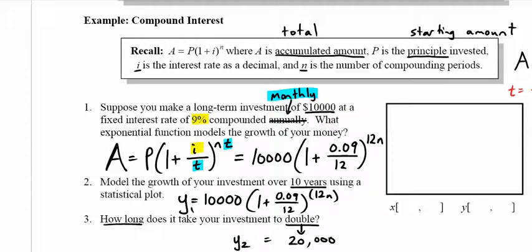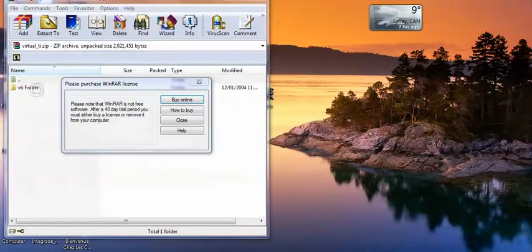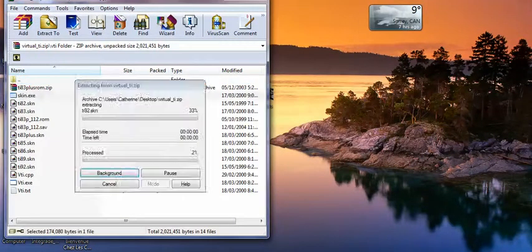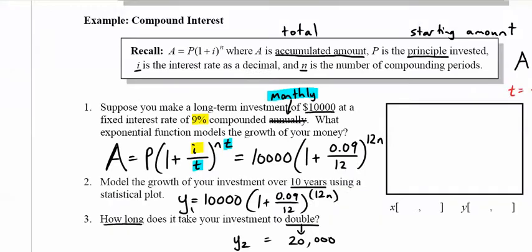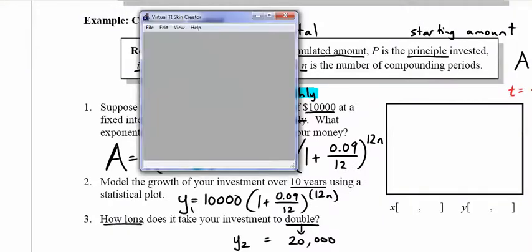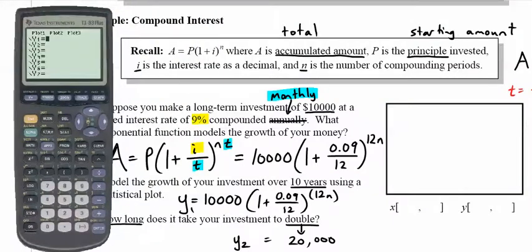So you can pull out your graphing calculators. So you can put x instead of n. 1 plus 0.09 over 12. And make sure you got brackets around the exponent, 12x.